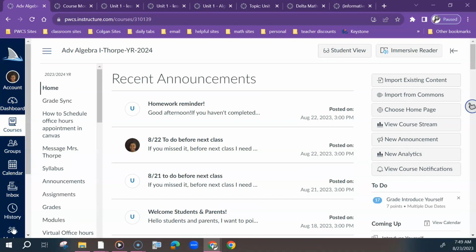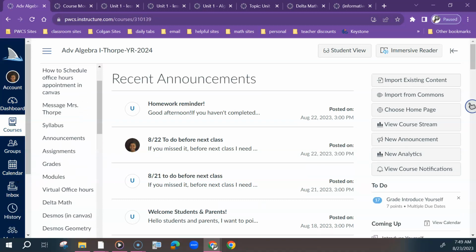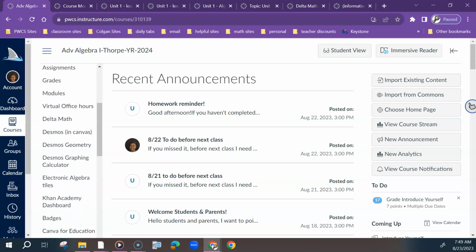Alright, some other important side links. Message Miss Thorpe goes directly to the Canvas inbox, so you can message me whenever you need to, about absences, homework, questions about homework, anything like that. There's also a side link for Desmos in Canvas.